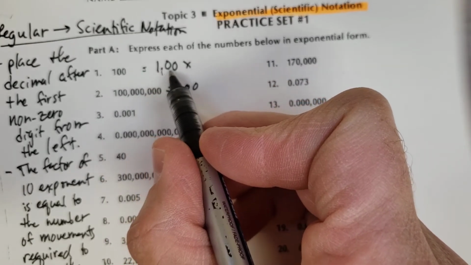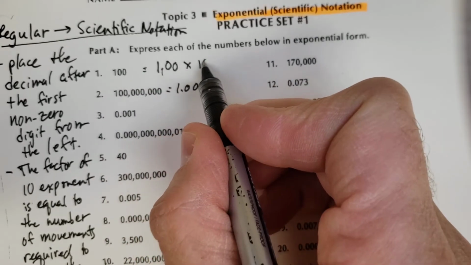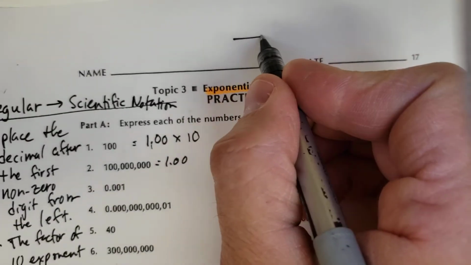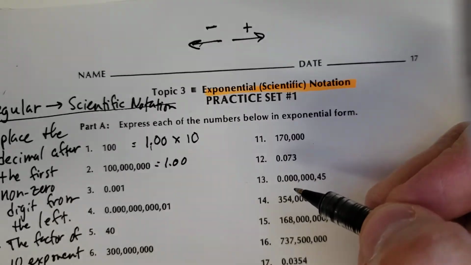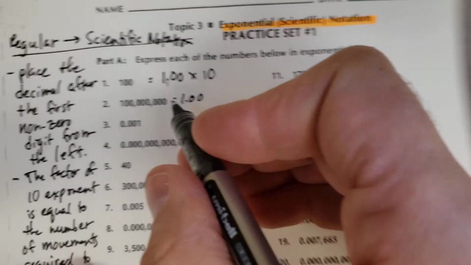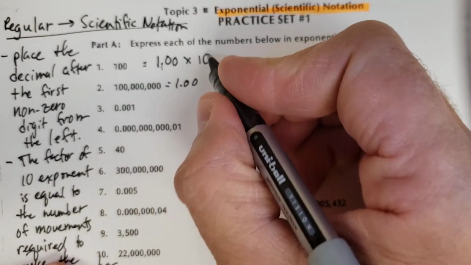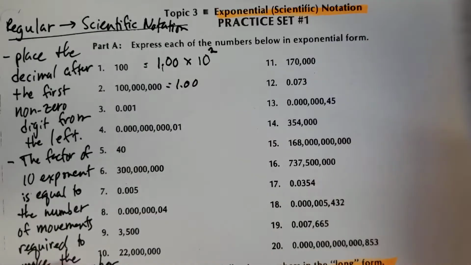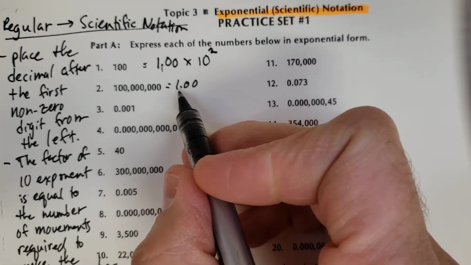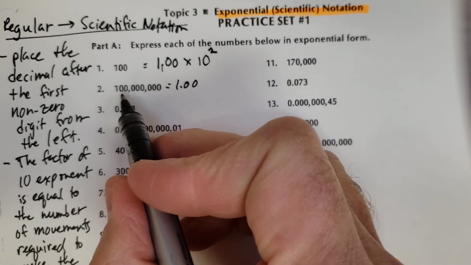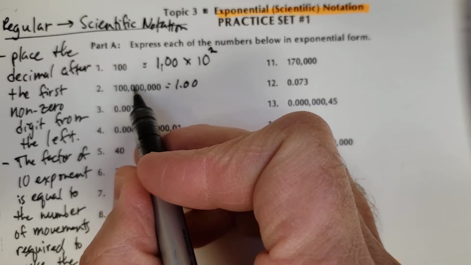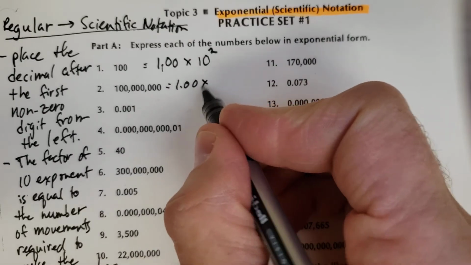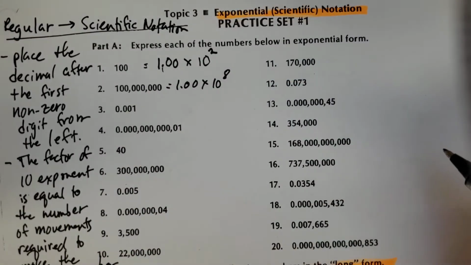I'd have to move it 2 to the right. So whenever I move to the right, that's considered a positive movement. Whenever I move to the left, that's considered a negative movement. So moving it 2 places to the right, it's going to be a 2. Okay? With this next one, where would I move this decimal to get the original number of 100 million? So it would have to be 1, 2, 3, 4, 5, 6, 7, 8 times 10 to the 8.